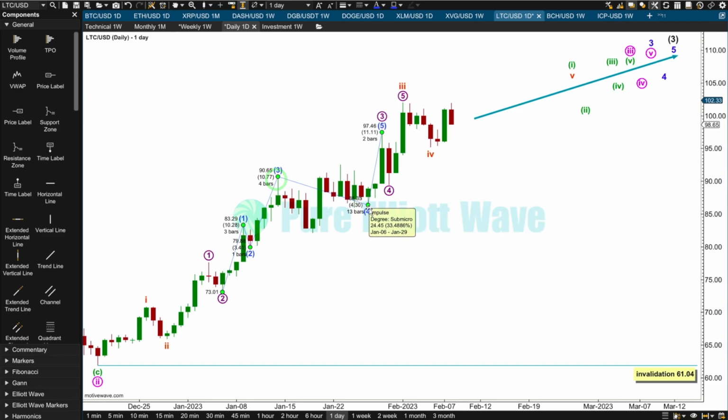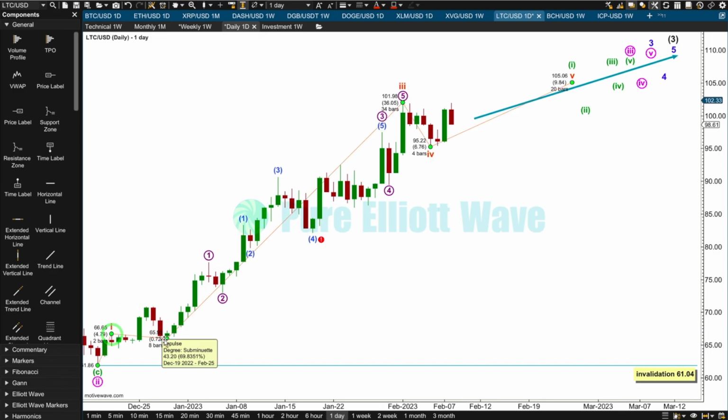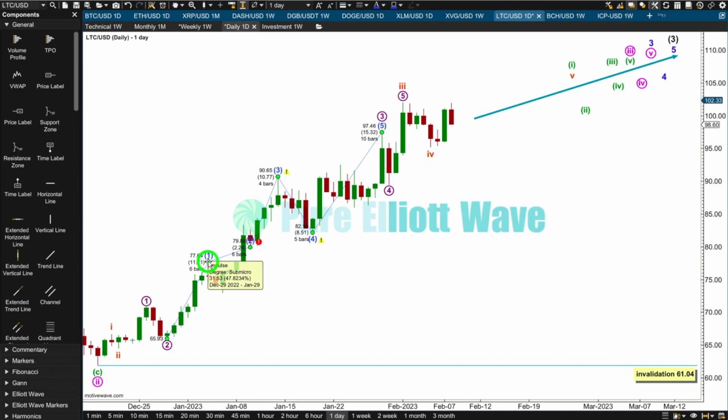No, because now 4 is going to overlap 1. That doesn't work either. Okay, well then I have to move it all down. And I have that problem with proportion now. And now it's going to work. And now we have the triangle here.